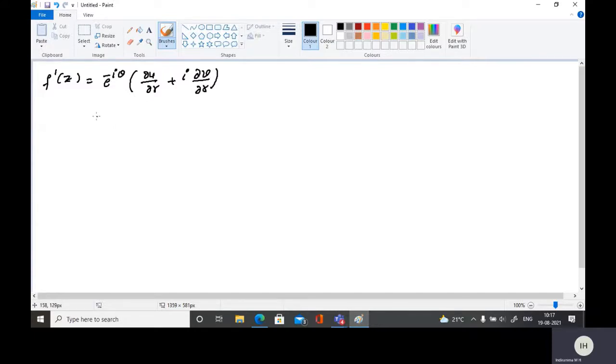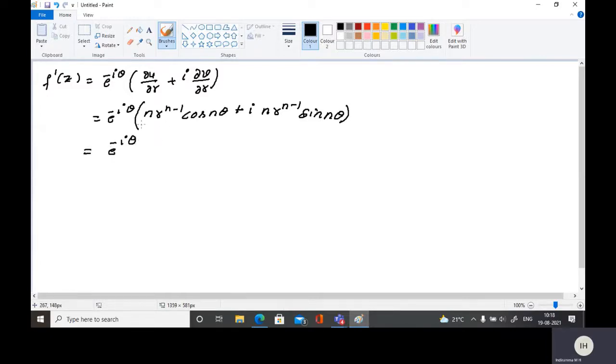Substitute now. e^(-iθ). What is ∂u/∂r? n r^(n-1) cos nθ plus i into ∂v/∂r. ∂v/∂r is also n r^(n-1) sin nθ. Next, e^(-iθ).